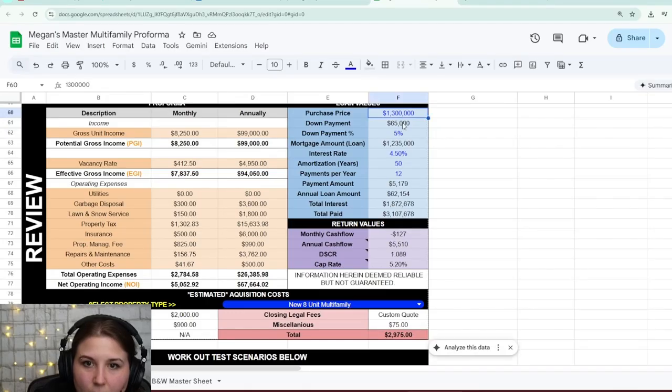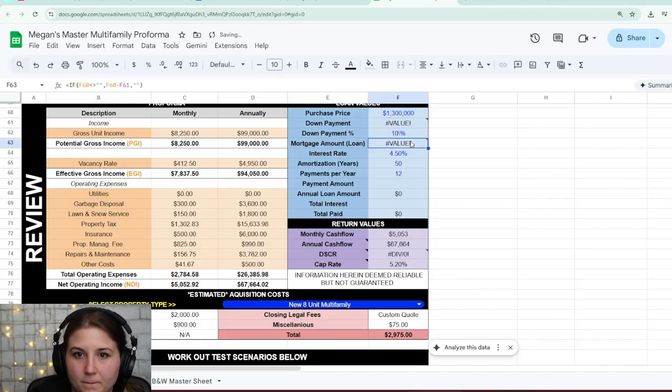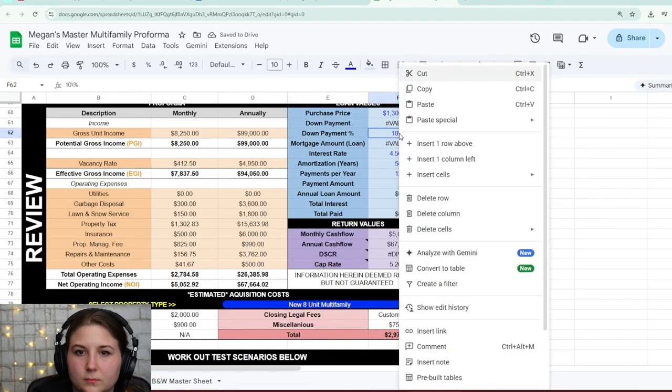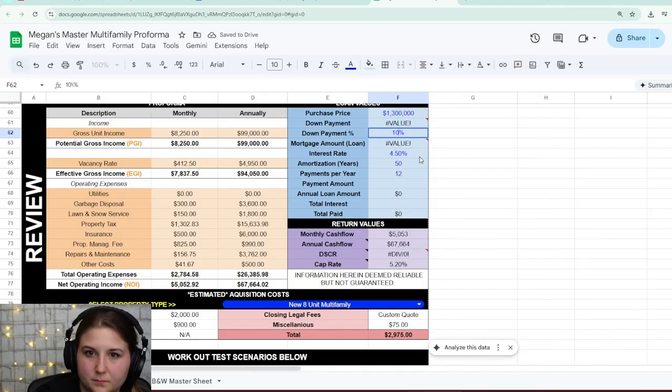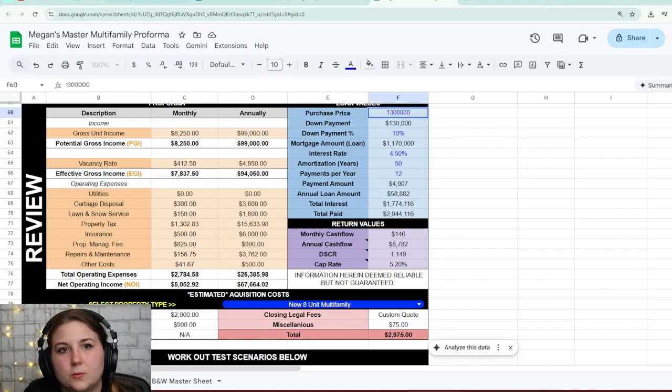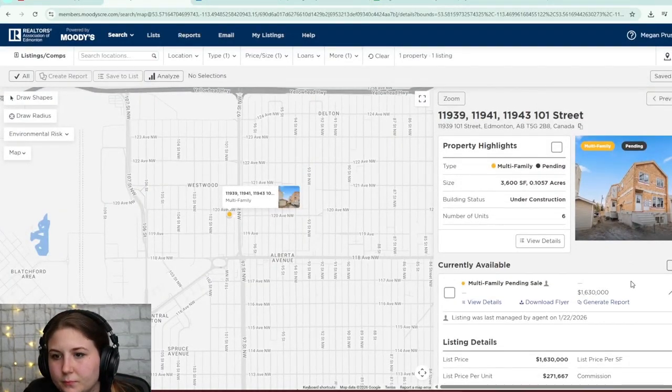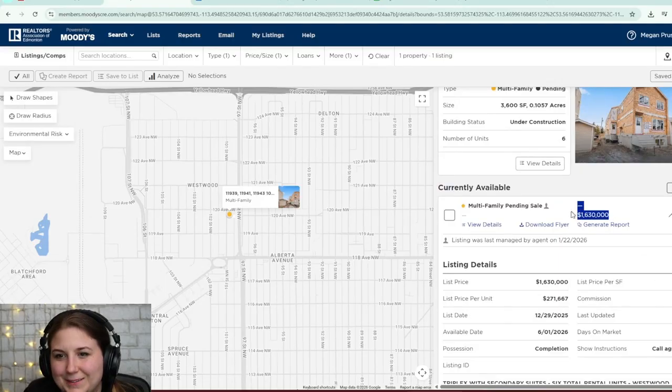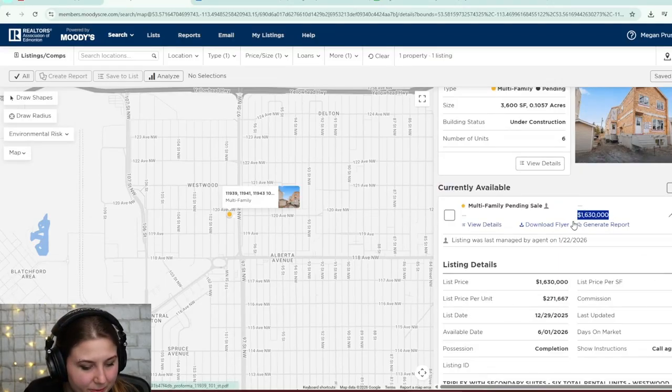Even if you got it at 1.3, if you only put 5% down, you still wouldn't be hitting that 1.1. So let's go back to the purchase price, because I doubt there's a builder that's going to be willing to knock off 330k, or 130.